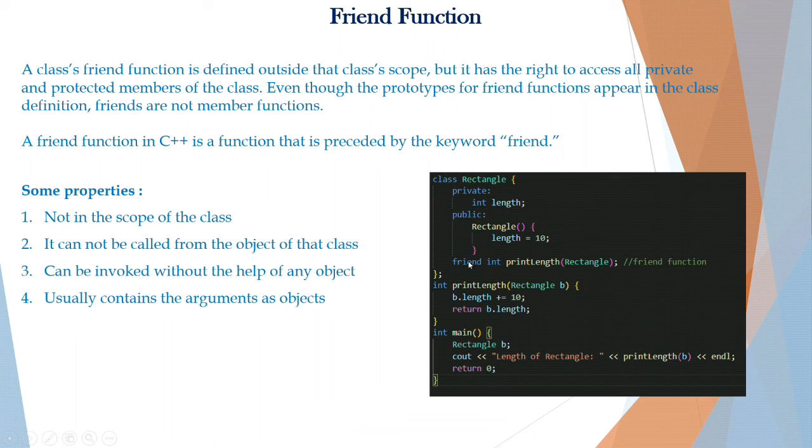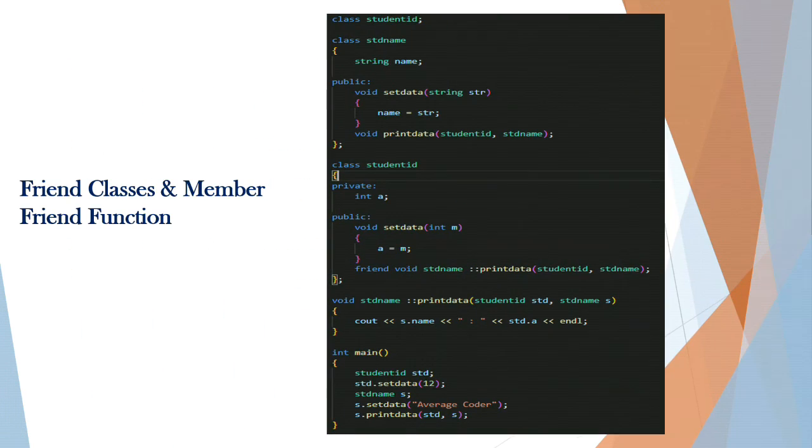So it is written here with friend, then the full declaration of that function, what it returns, its name, and which kind of arguments it receives. Here it receives an object of the rectangle class type. So this is the way to declare a friend function. Now we will move on to our next slide, which is about friend class and member friend function.